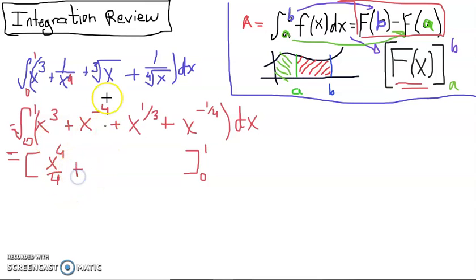Okay, and then again you add 1 to the power here, x to the negative 3, and divide by whatever power you get.